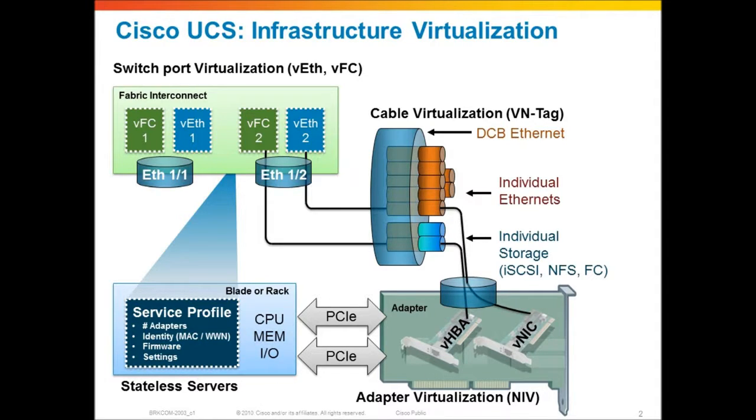Now at the actual server level, you have the ability of stateless servers. So you have servers in the form of blade servers or rack mount servers that have obviously CPU, memory, and I/O. But the configuration of that server is not applied to the server itself. It's really carried in this service profile, and this service profile is held at the fabric interconnect in a database.